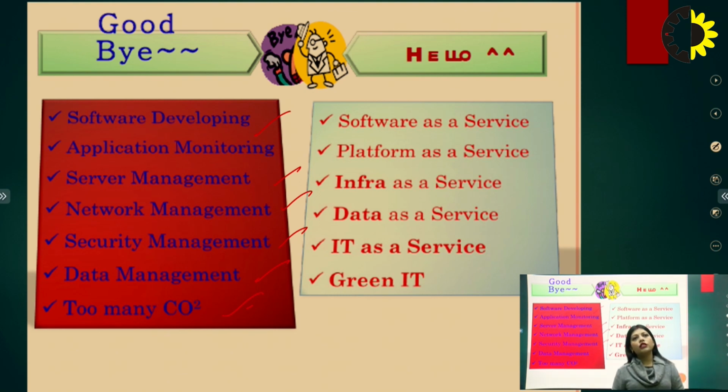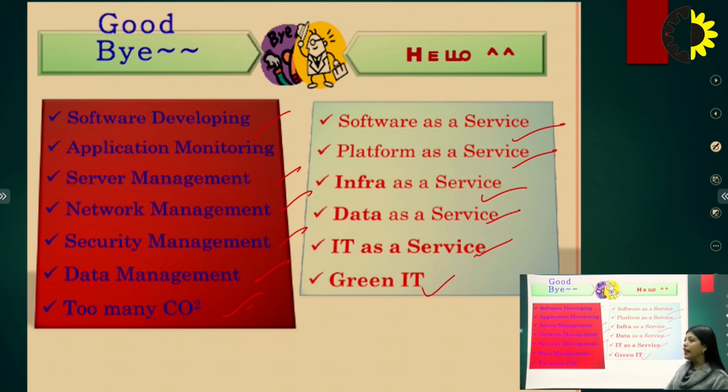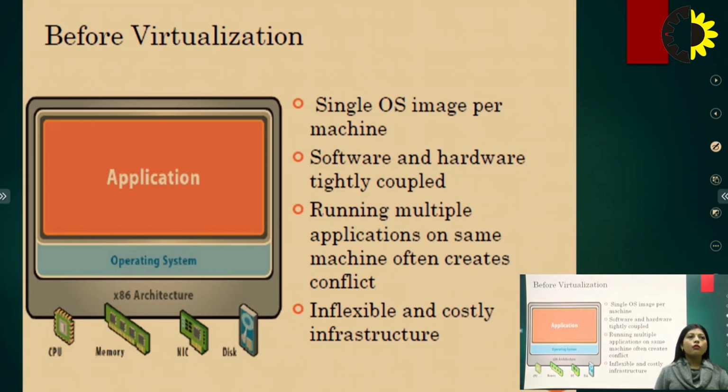After virtualization, there is software as a service, platform as a service, infrastructure as a service, data as a service, IT as a service, and green IT. These are all the services that come under virtualization.